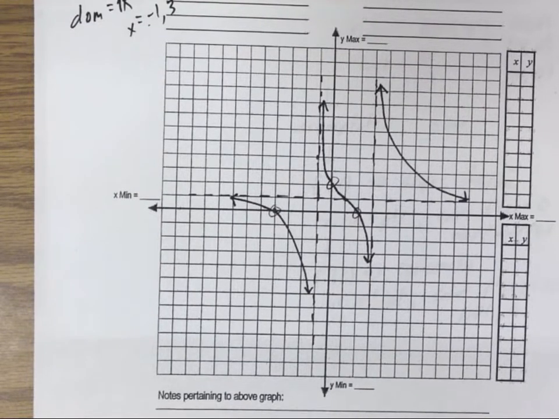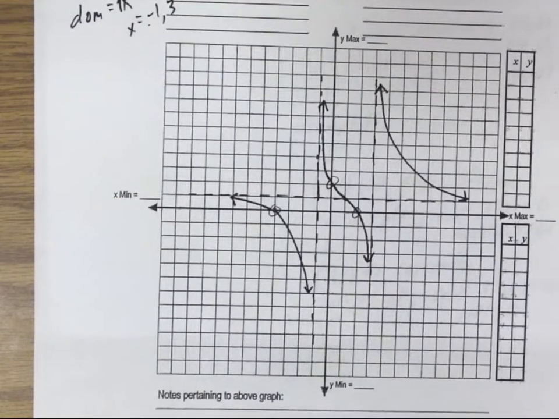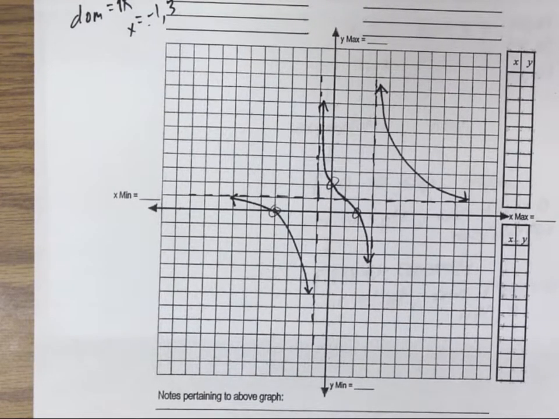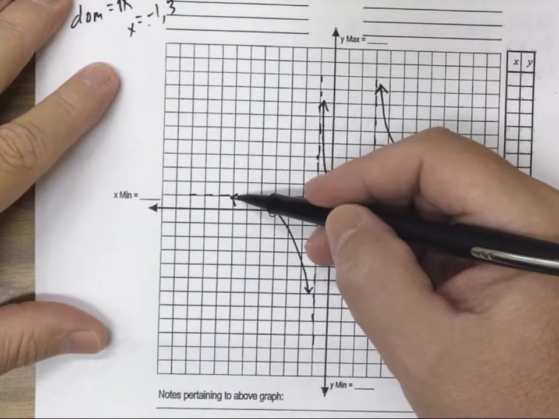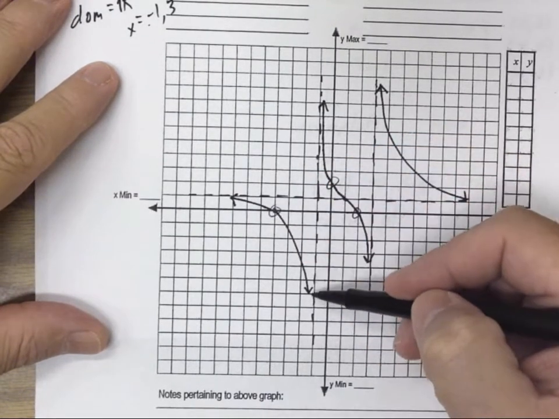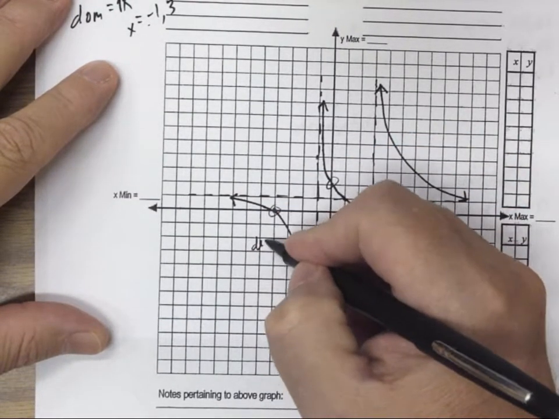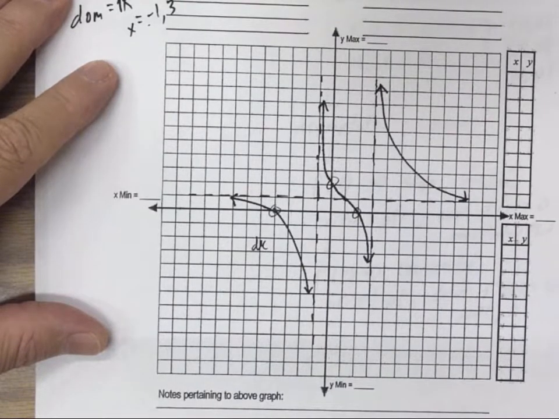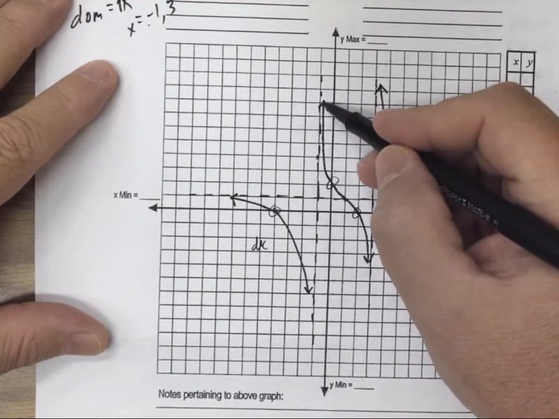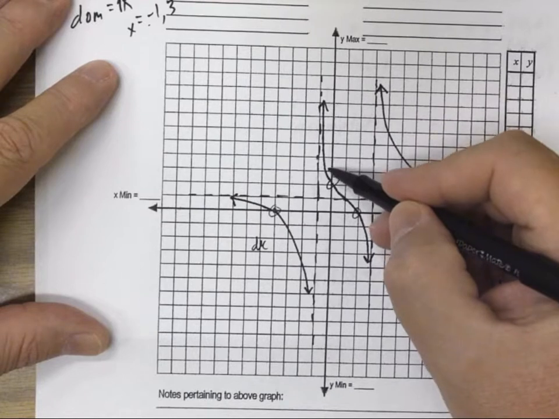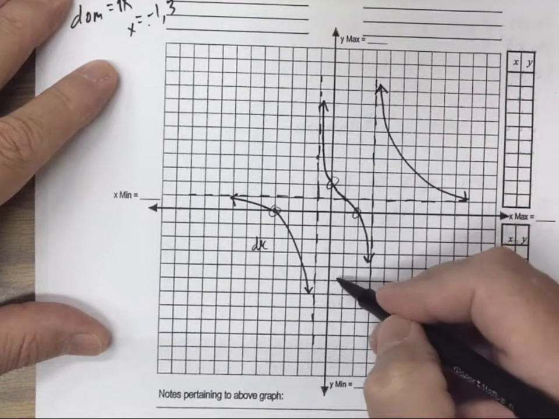Now let's think about first and second derivatives. So let's think about the first derivative. Let's think about increasing, decreasing. What is this piece of the graph doing? That looks like it is decreasing. Now here, it looks like it's also decreasing.